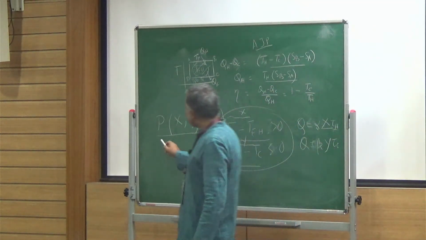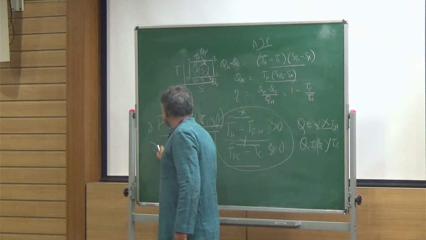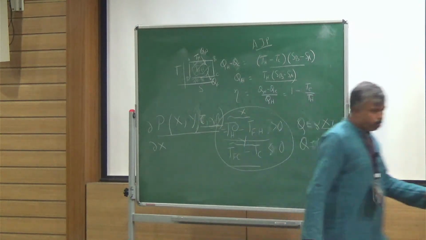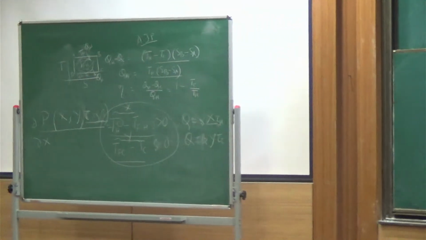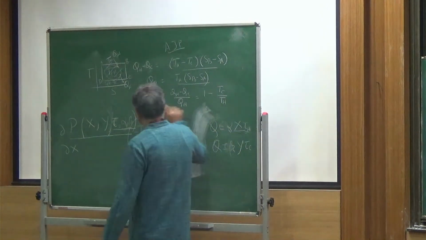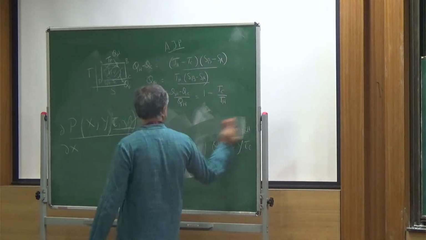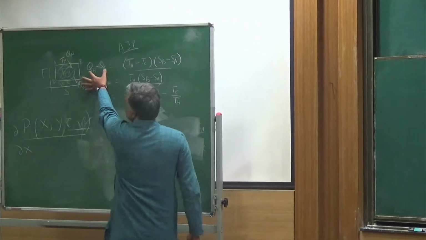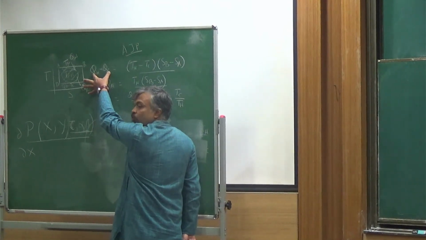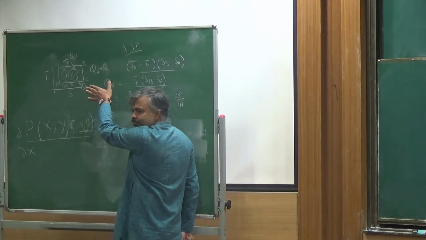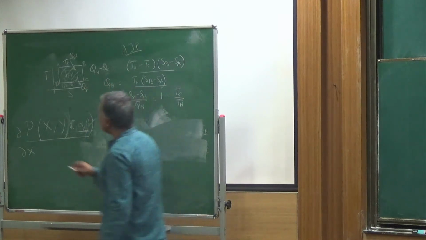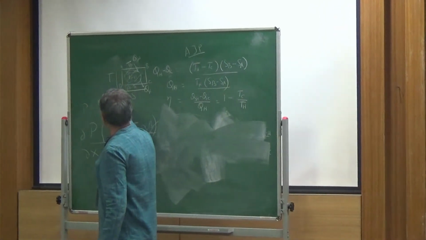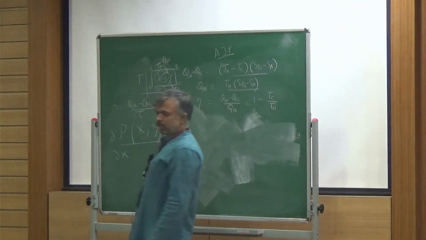This you actually minimize, set to 0. The power is defined as the work divided by the cycle time. So power is defined by Q input, QH, and Q going out like this.